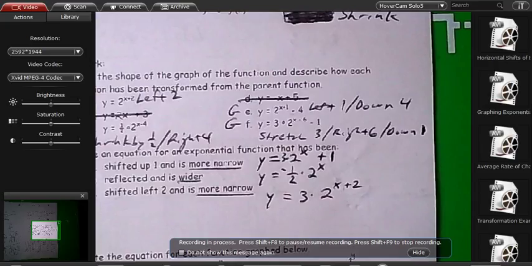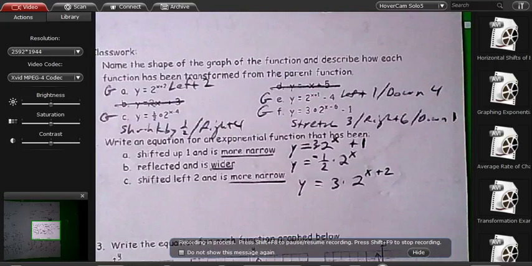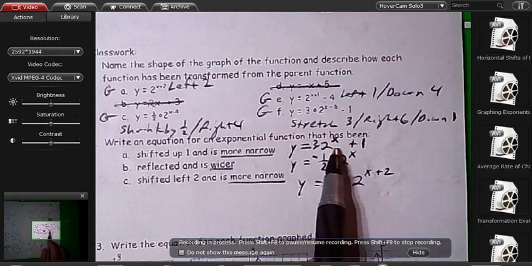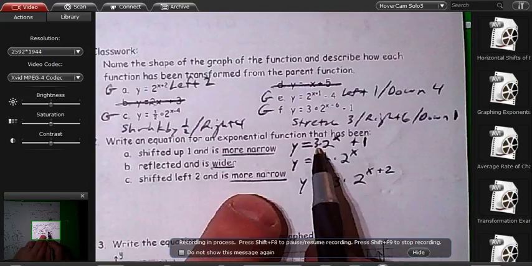In number 2, we're going to write an equation for the exponential function that has been shifted up 1 and more narrow. Now, look at the one that I did here. It says y equals 3 times 2 to the x plus 1. Could I use a different value than 3 for this?